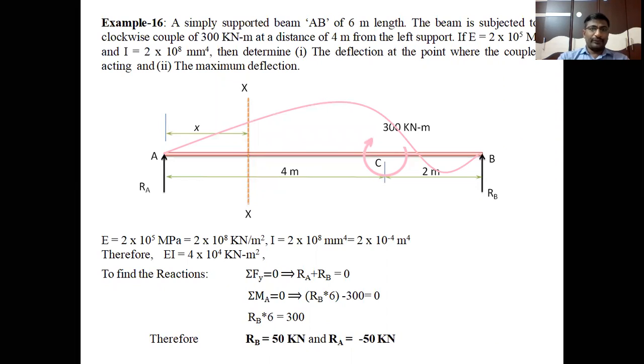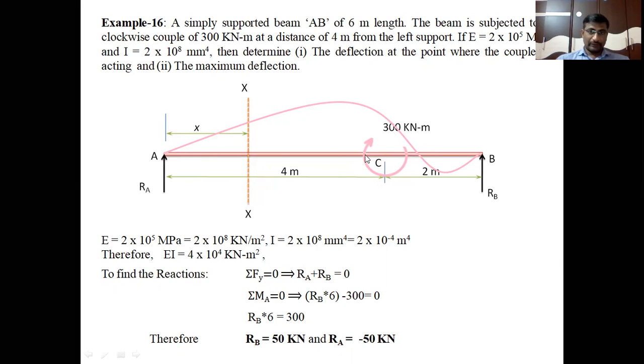A simply supported beam AB of 6 meters length. The beam is subjected to a clockwise couple of 300 kilonewton meter. This is the clockwise couple. 300 kilonewton meter is the value, at a distance of 4 meters from the left support.